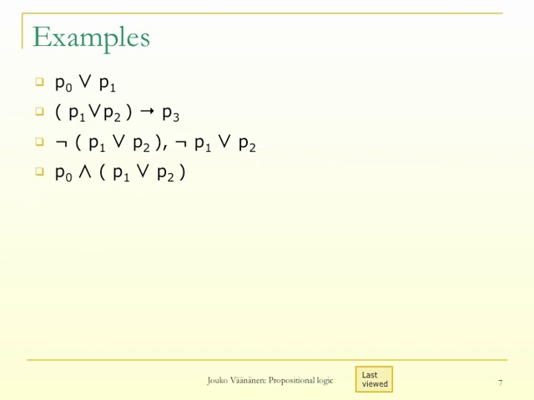Also, when we say the intuitive meaning, we may have to add explanatory words because intonation is not sufficient. So we can say, the intuitive meaning of this formula is that P0 is true and, in addition, either P1 or P2 is true.